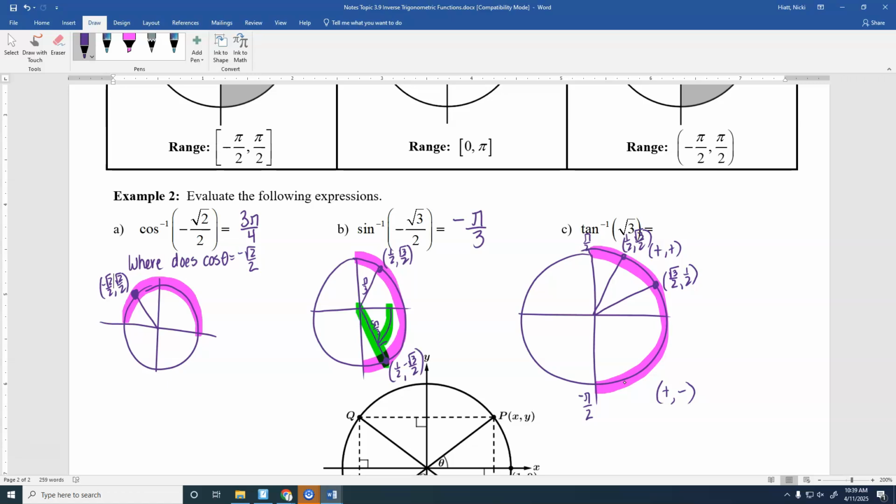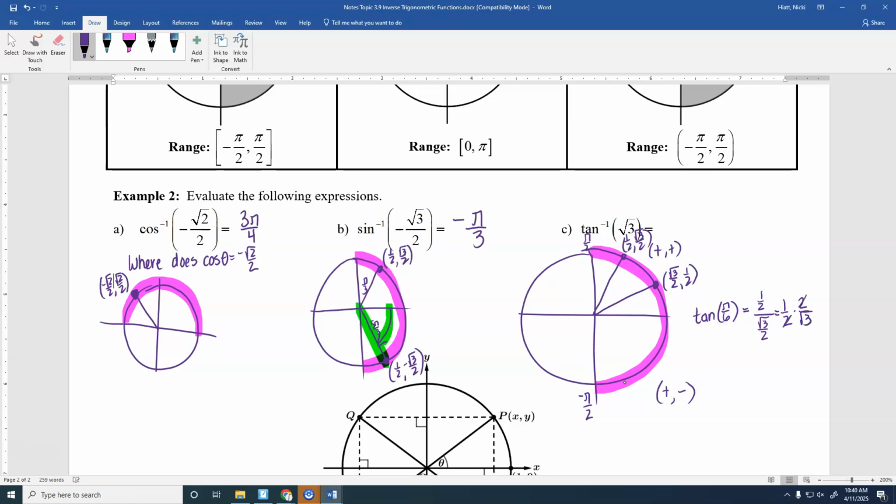So I'm going to do tangent of pi over 6, which is sine, which is 1/2, over cosine, which is square root of 3 over 2. And dividing fractions is easy as pie. Flip the second and multiply.